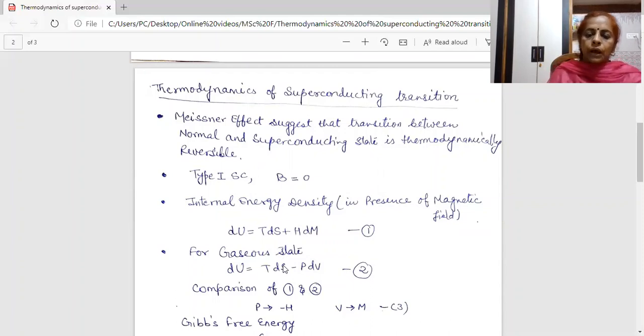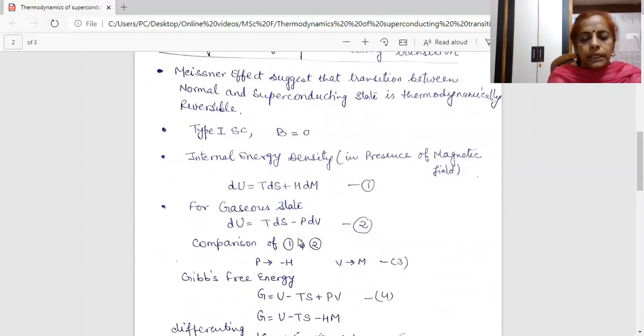Now I have written the internal energy density in the presence of magnetic field and for the gaseous state, and I have arrived at two equations, first and second. Comparing the first and second expressions, I got that P replaces minus H and V replaces M. The first term in these two expressions, TdS, is the same.